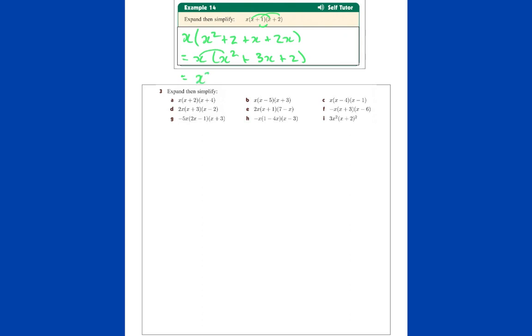And then multiply everything by the x that's on the outside of the brackets. So x cubed, x times 3x, x times 2 gives us 2x. Have a go with a couple of those.